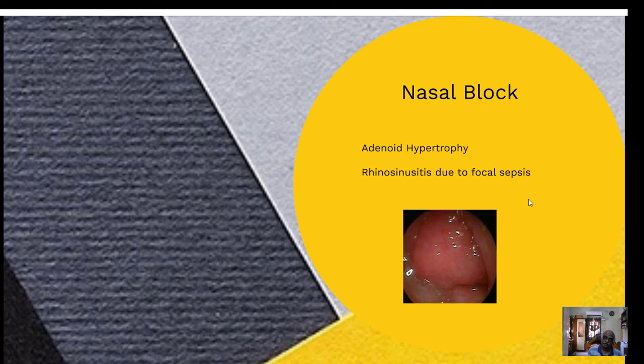So it causes adenoid hypertrophy. Whenever you examine an adult patient with rhinosinusitis, you always suspect adenoid hypertrophy in those patients. It doesn't mean you need to perform adenoid surgery in an adult. If you take care of the rhinosinusitis, the adenoid will also reduce its size and become normal.